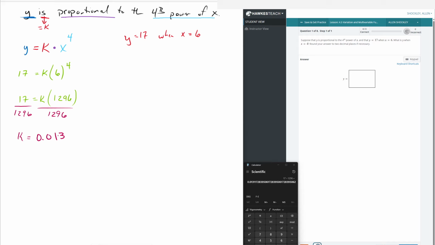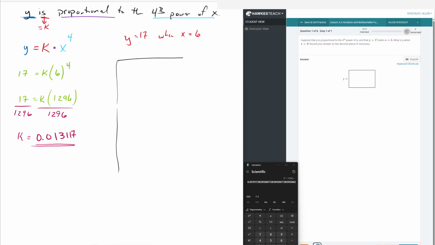Cool. Generally what we would want to do is keep this k value in our calculators, as much of it as we can, just because the more that you chop off here, the more chance that whenever you run this a second time that you're going to get a slightly wrong number.